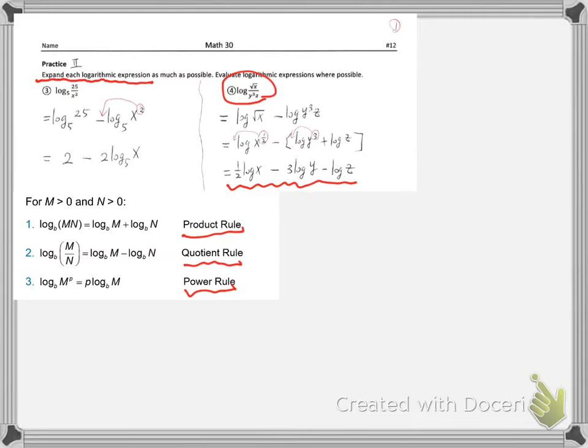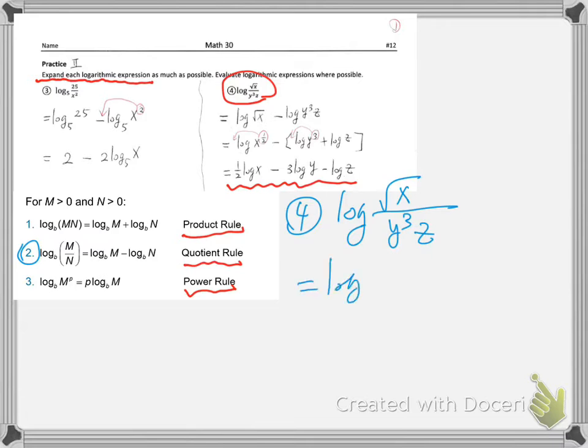The second question has the same beginning step. Log of radical x over y cubed z. So first is a quotient, so we use rule number 2. So we change this to log radical x minus log of y cubed z.